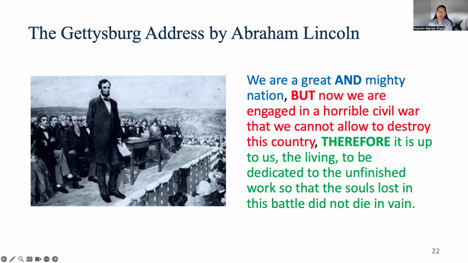So here is the example of the Gettysburg Address by Abraham Lincoln during the Civil War of the United States. If you look at the structure, you basically see this ABT. To summarize the main message, Lincoln was saying that we are a great and mighty nation as Americans, but that's the problem.